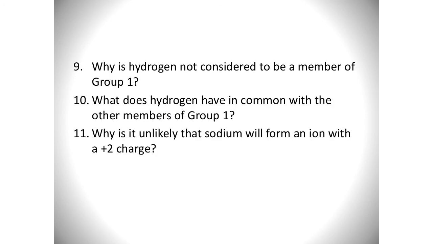All right, so poor hydrogen. Sometimes it's considered to be a member of group 1, sometimes it's not. So hydrogen would not be considered a member of group 1 because it is a nonmetal, and the rest of group 1 is metals, and it's a gas.